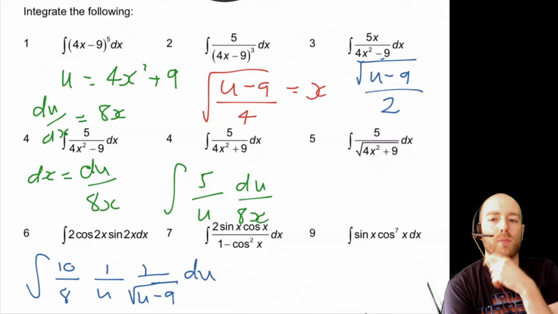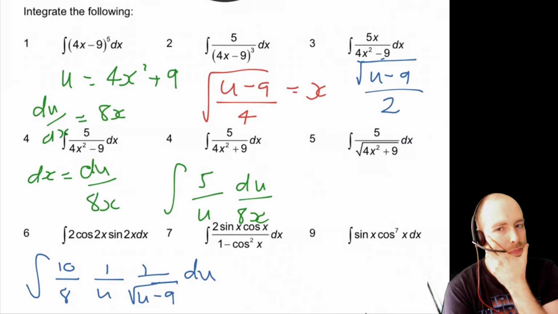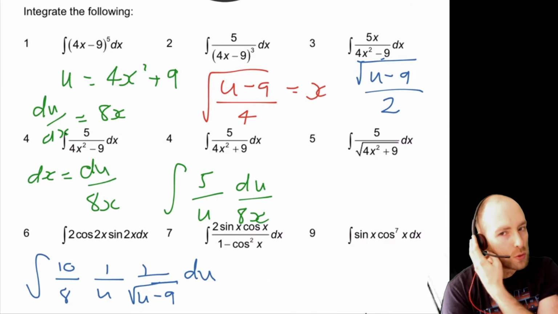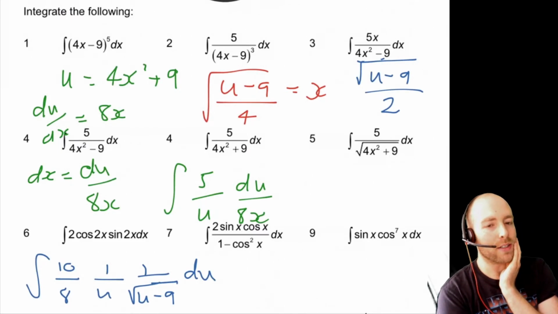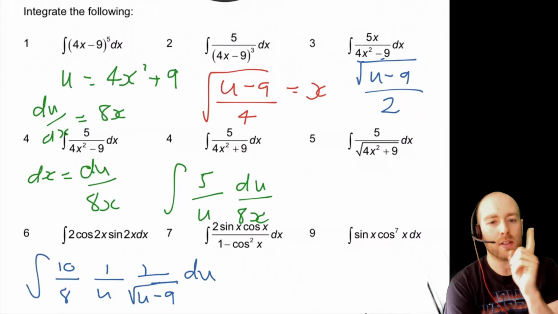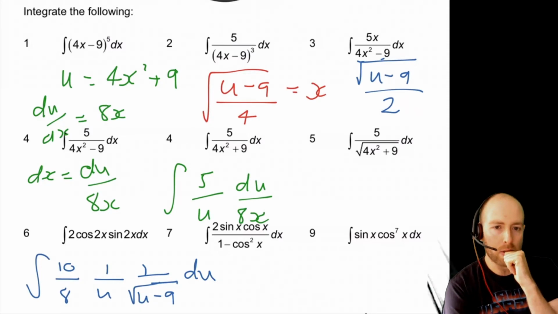Use tan. Would tan work? 4 tan squared plus 9. No, the problem with using trig is you want it to cancel out the bottom and turn it into one term, which I don't think will happen with tan, sine, or cos.